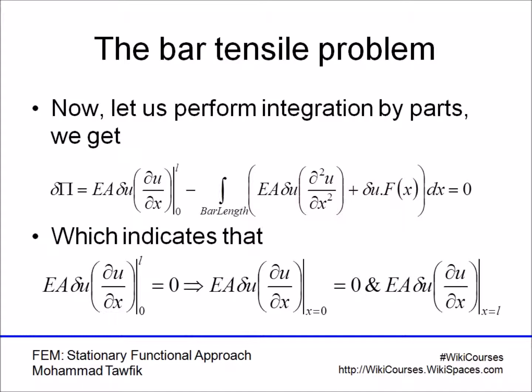It's either that you define the deflection of the bar at a point to be equal to 0, which is the fixed boundary condition of a bar, or that it's a free boundary condition in which the strain is equal to 0, so partial u by partial x is 0. So one of these should be equal to 0 in order for this term to be satisfied and to be dropped.